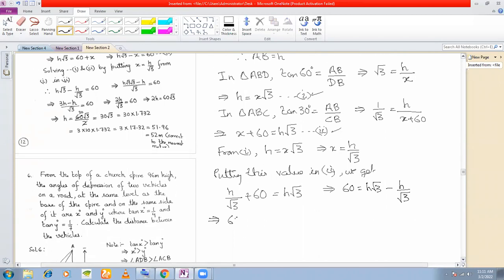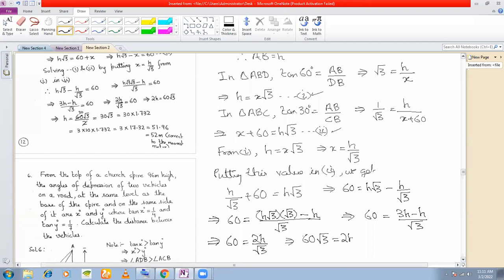Now you can take the LCM here, so you get 60 is equal to 3h minus h by root 3, and that means you get 60 is equal to 2h by root 3. Now you cross multiply, you get 60 root 3 is equal to 2h.